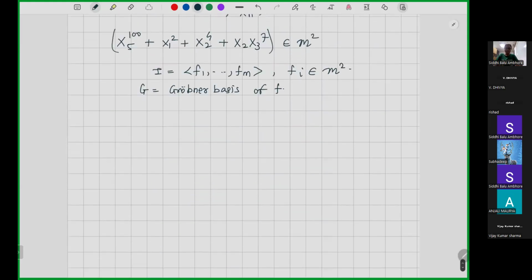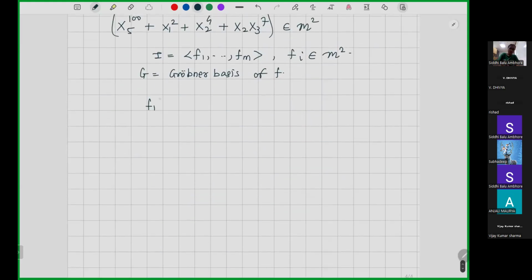The reason being, note that all of F1 to Fm belong to I, but I is anyway contained in this M square, right? And this M square is a monomial ideal. Anything belongs to a monomial ideal if and only if each term of that belongs to it.